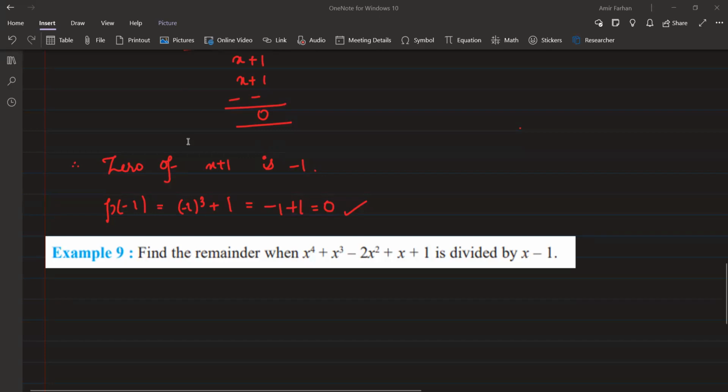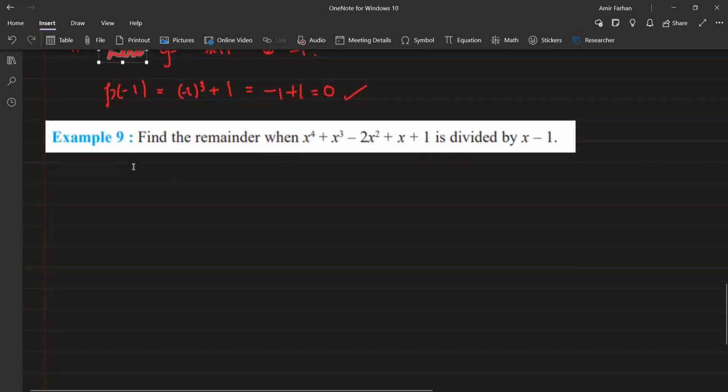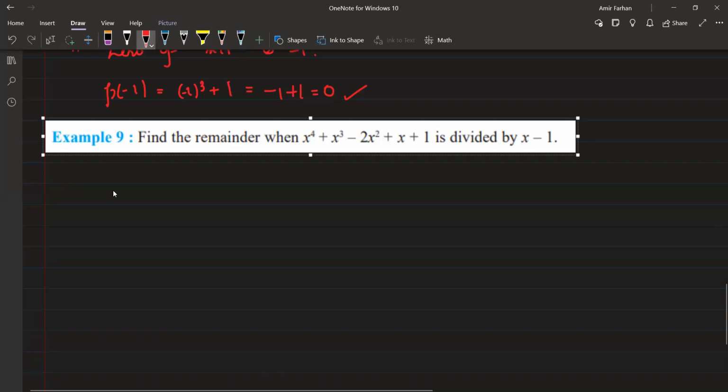Okay, so basically the question is asking to find the remainder of this polynomial if I divide it.